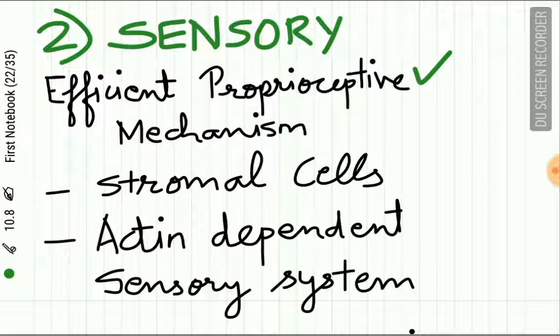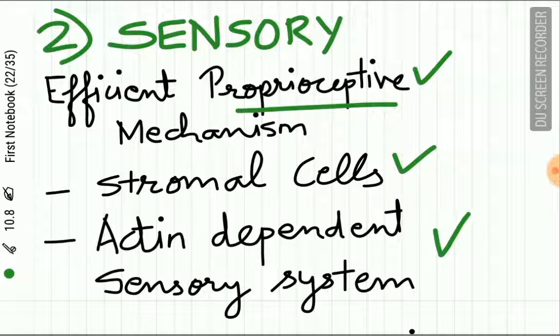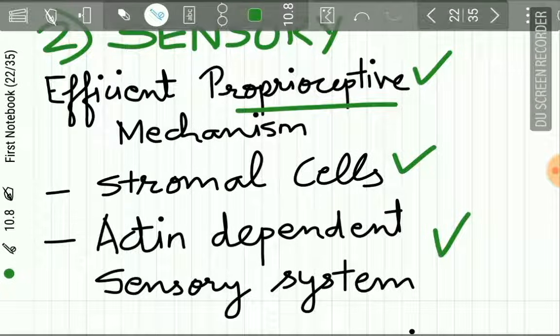Even the most delicate force or very light displacement can be perceived by the tooth. This strong mechanism of proprioception is mediated by the stromal cells of the periodontal ligament and an actin dependent sensory system, which is very strong.